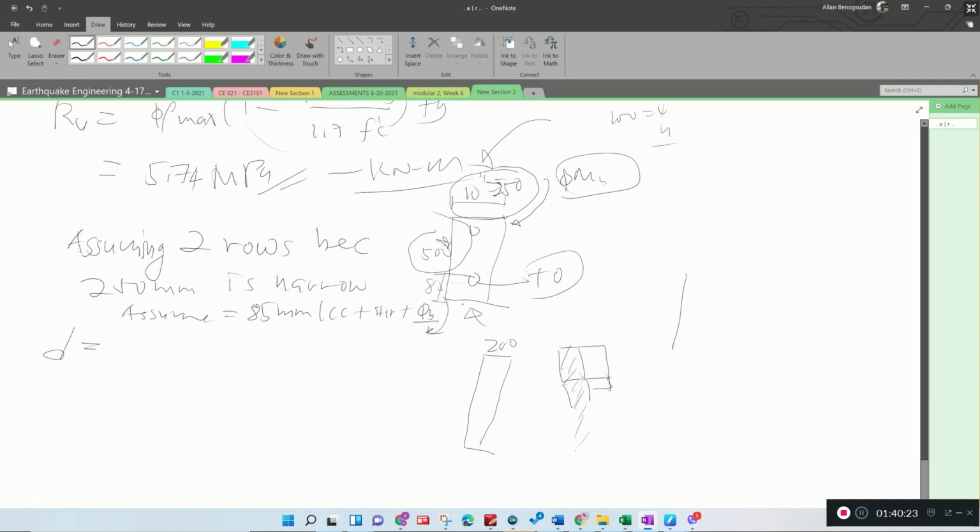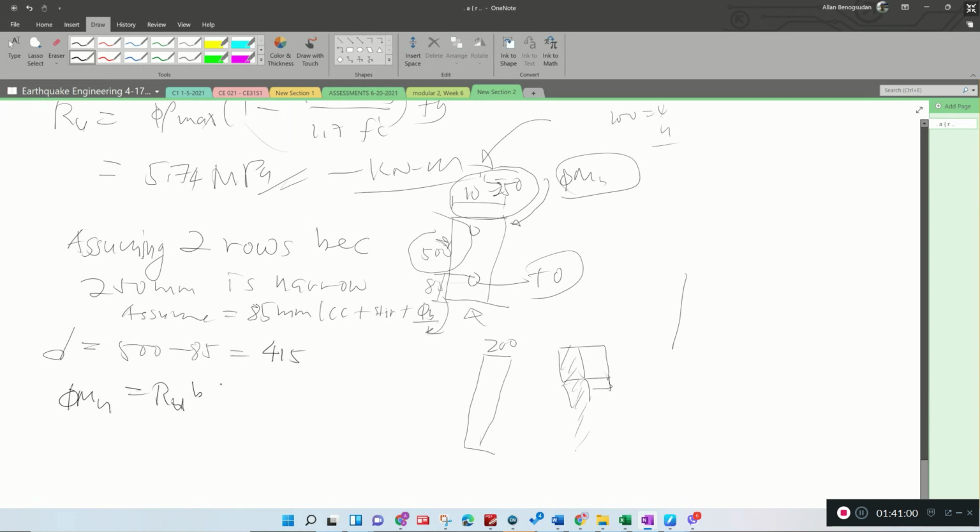Okay? Yun 85. So 500 minus 85 is equal to 415. Okay? Yes. Okay, 415. And yung PMN natin, diretso ko na ha, siguro, R sub U, phi b d squared.